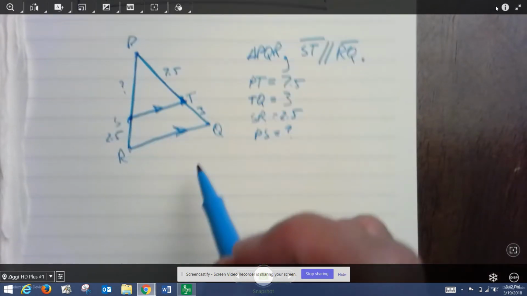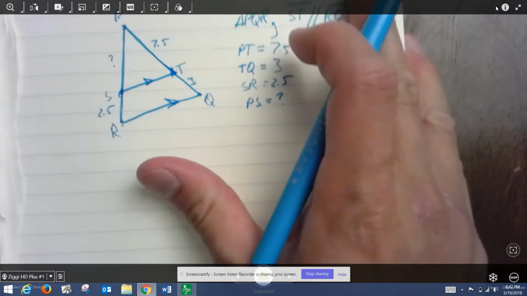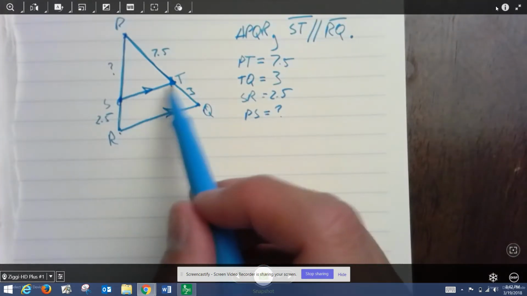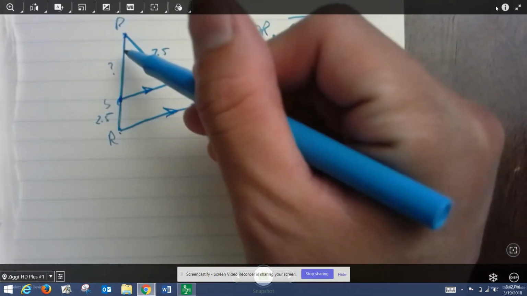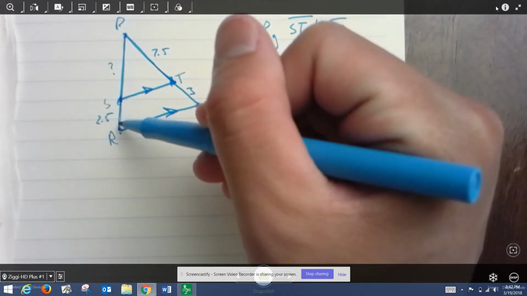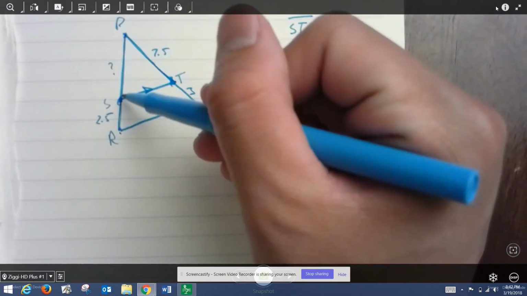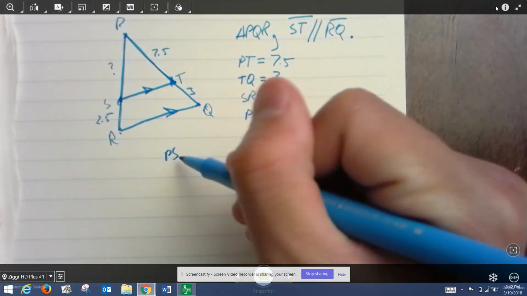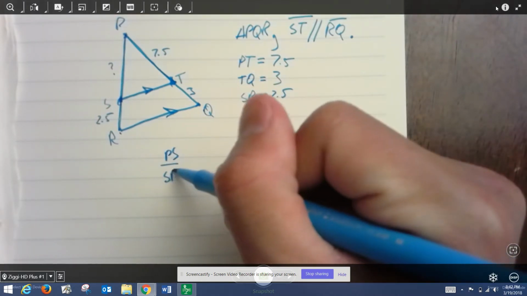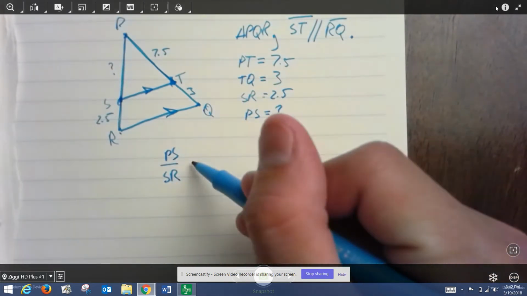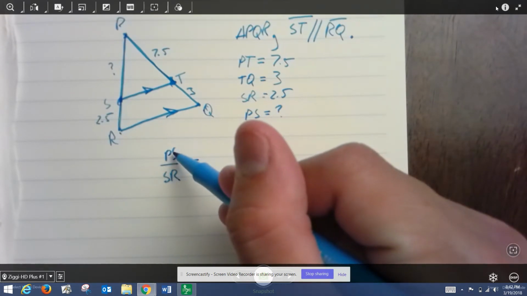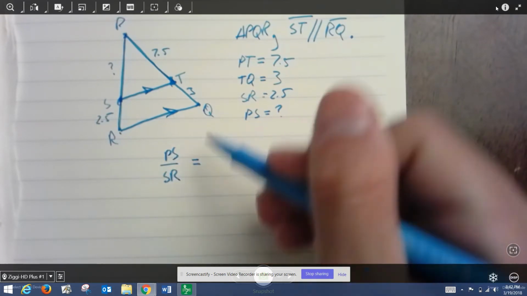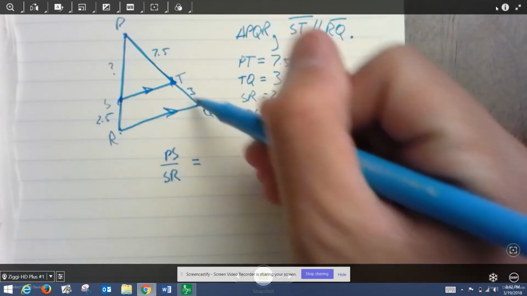So it's going to be pretty simple. If we know that you have parallel lines, it's going to divide PR into two proportional parts. So PS to SR makes a ratio that is proportional to PT over TQ.